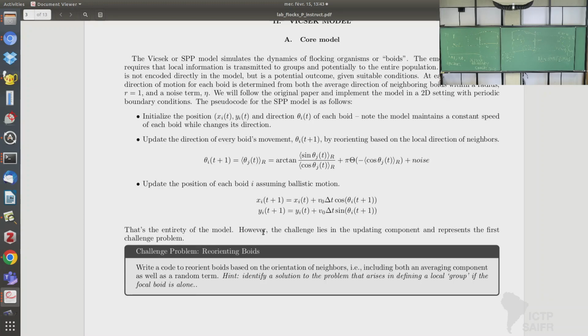Okay, that's already something. So, essentially, say that this is the focal bird and I want to update its direction. The first thing I need to do is to understand who's inside the neighborhood.